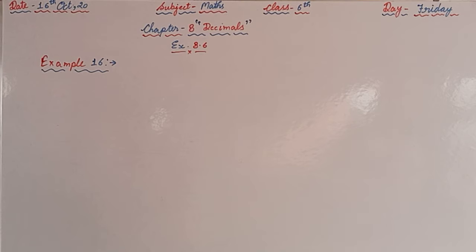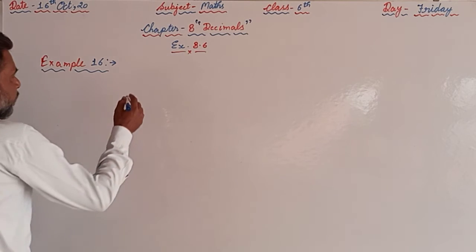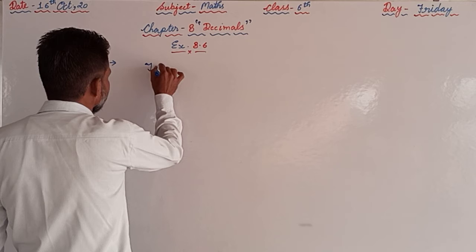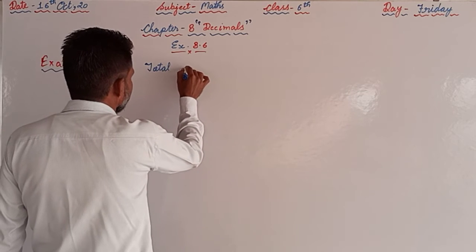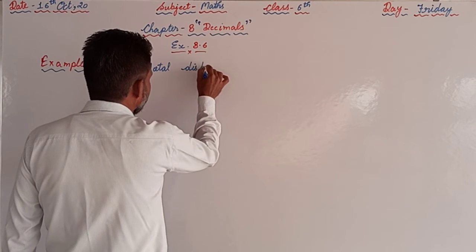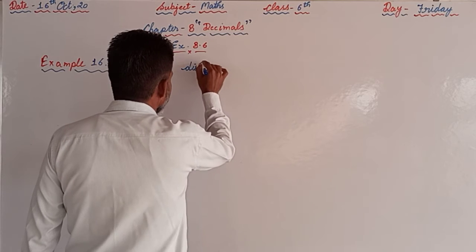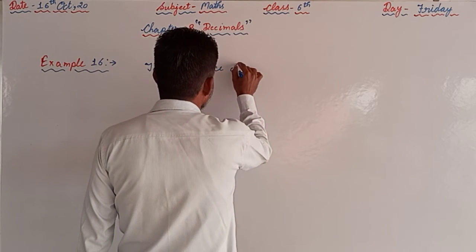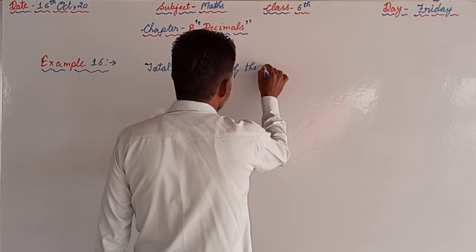She travels 1 kilometer 70 meters on foot and the rest by bus. How much distance does she travel by bus? Total distance of the school from the house.